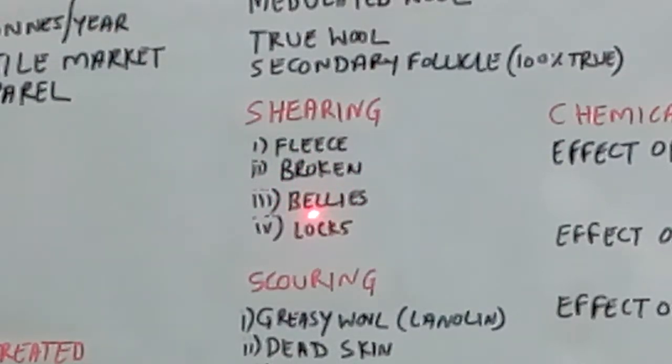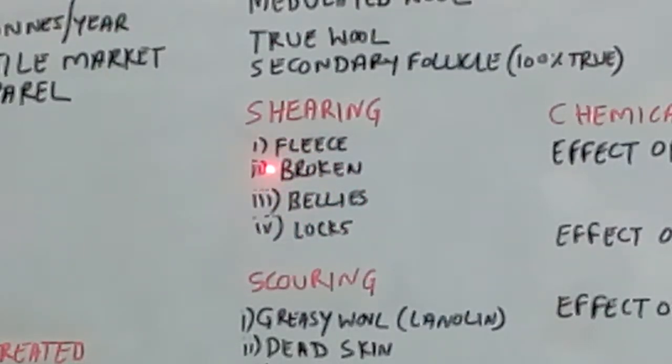See, some parts of the animal have good quality, spinnable fiber, some have low grade fiber, and some cannot be spun or used. Like that, there are four types of fibers.